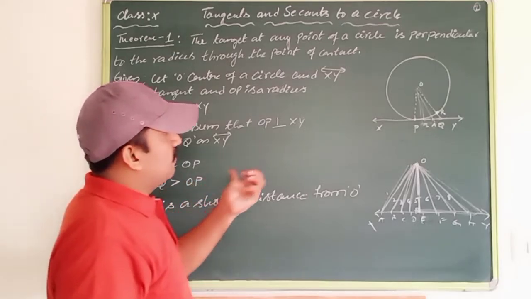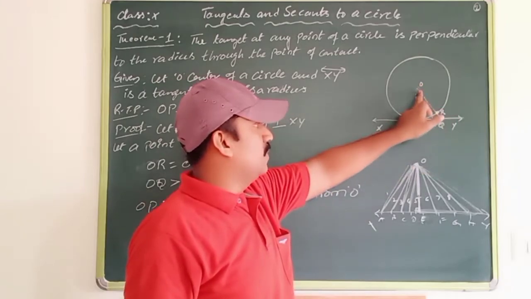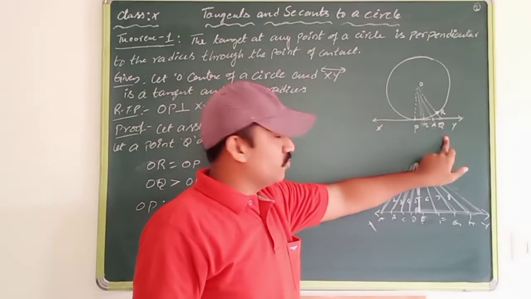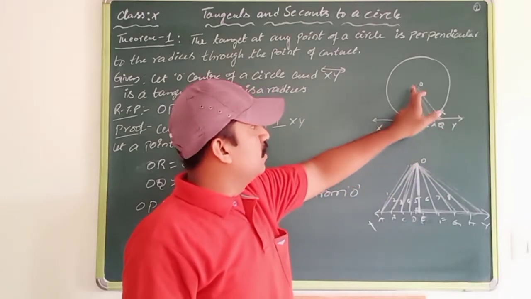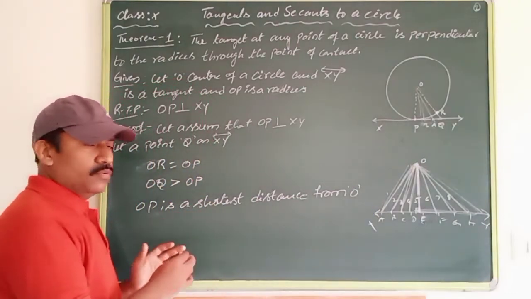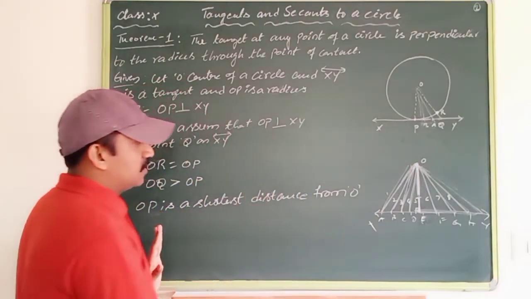Comparing with any other lines like OA or OB, if you take any point on XY, all these are definitely more than OP. So what we proved is that OP is the shortest distance from O.